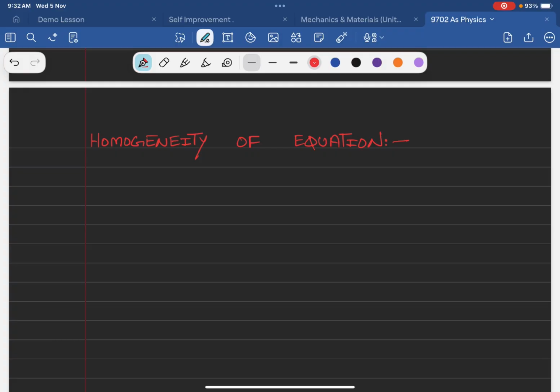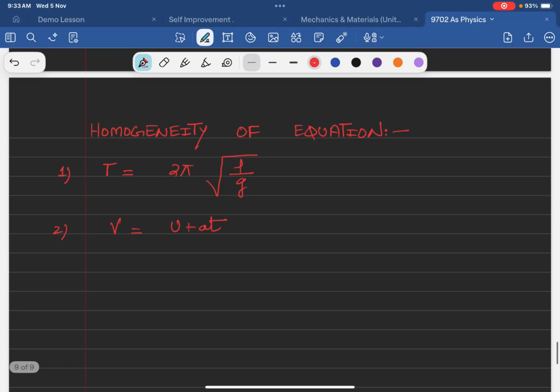We often come across many equations in physics, like if I write T is equal to 2 pi under root L over G, or V is equal to U plus AT, or V is equal to length into base into height, or density is equal to mass per unit volume.